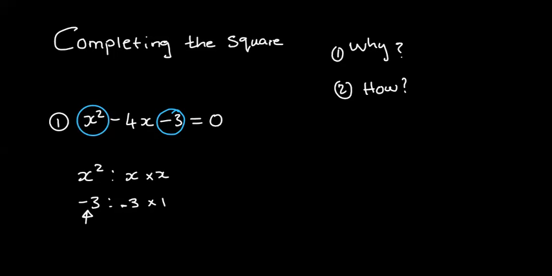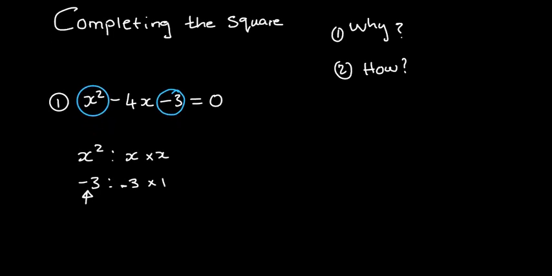Now what you will do is multiply these numbers with each other. You multiply that with that, you will get minus 3x. If you multiply that with that, you will get a positive x.